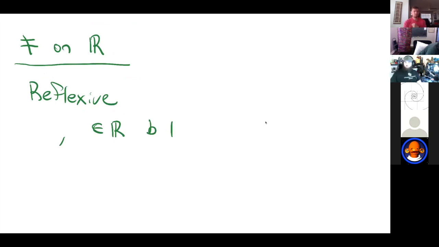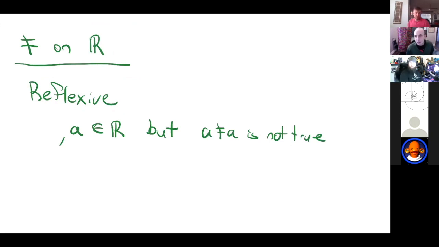In other words, what is an element in this set such that the property for reflexive fails? Let me share these in case you want to see. Can you think of an example? What is an element a in the real numbers for which a not equal to a is not true?